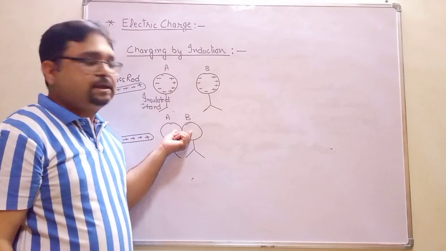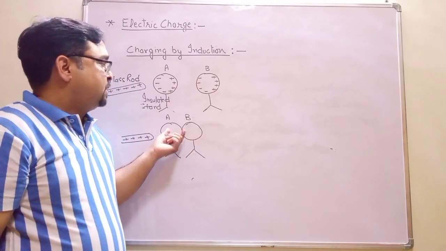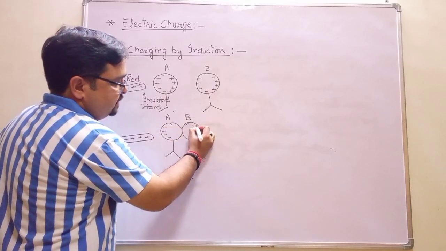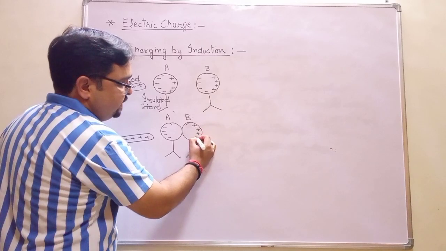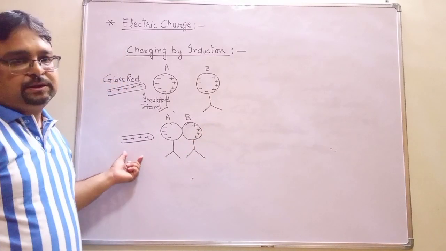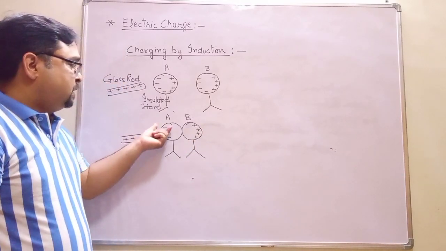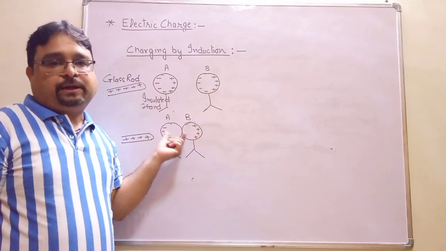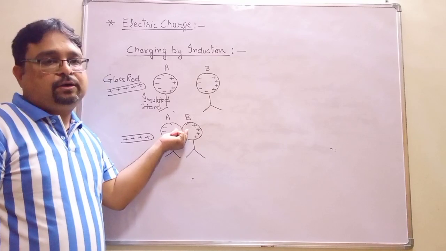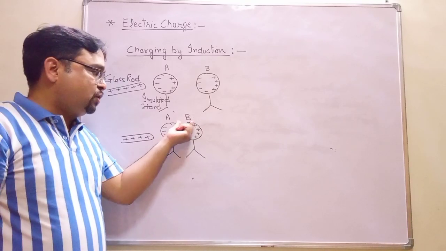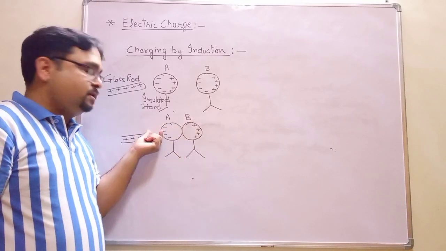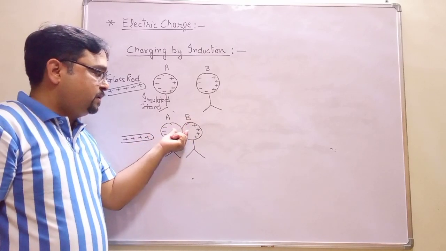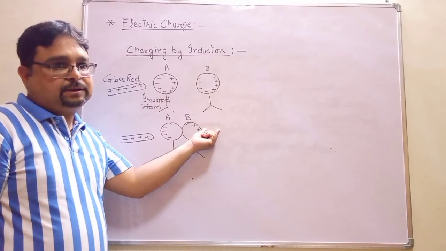Now the two metal spheres are in contact with each other. Now this left surface will be negative and this right surface of B sphere will be positive. Because now both are in contact, so they will behave like a single body. All the negative charge of both spheres will shift in the left direction, and all the positive charge of both spheres will shift in the right direction.